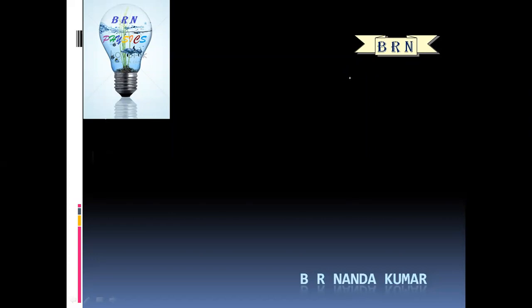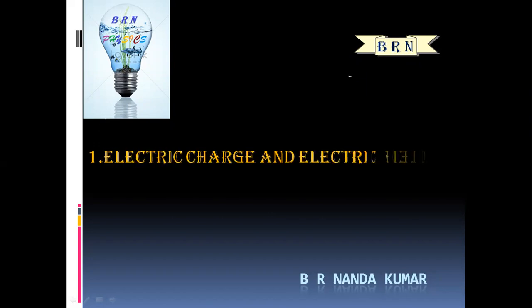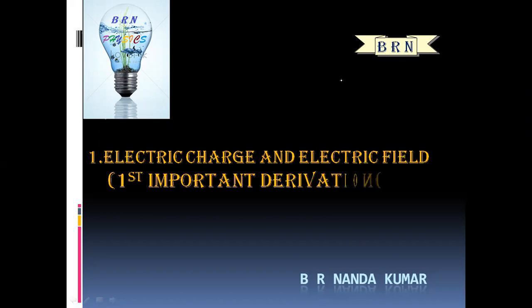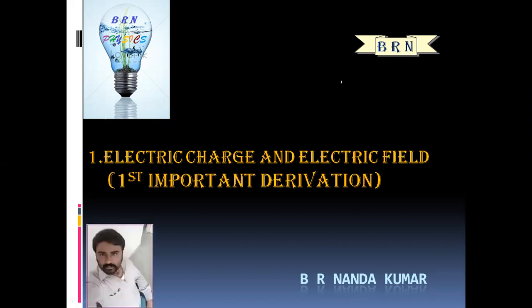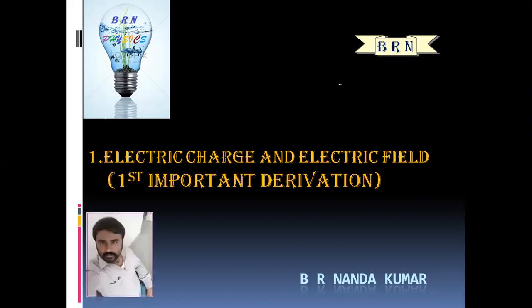In this class, I am going to discuss the first very important derivation in electric charge and electric field. So this is the first very important derivation in this chapter. Okay, well, let's start today's class.